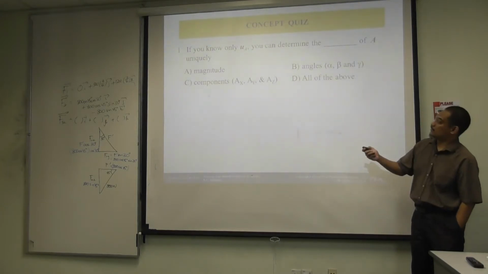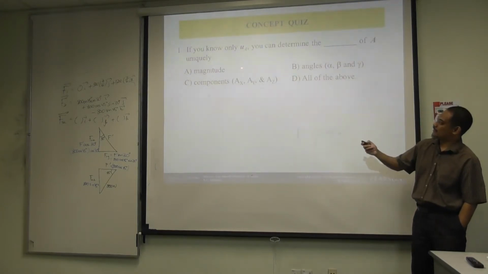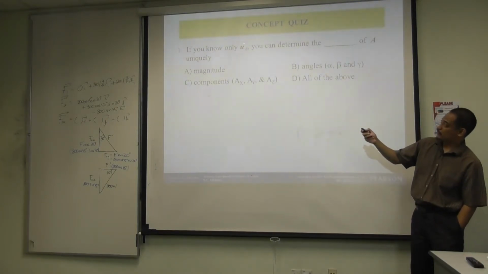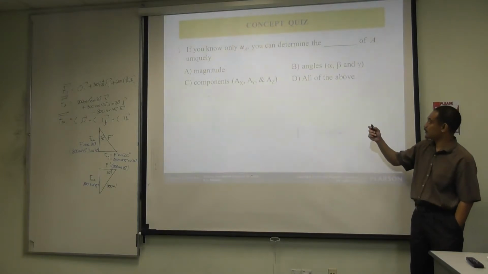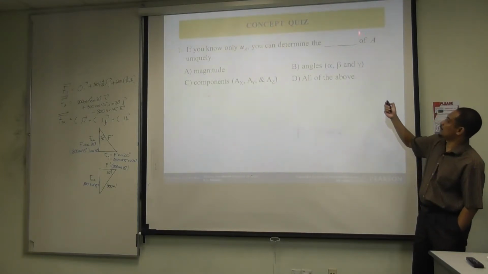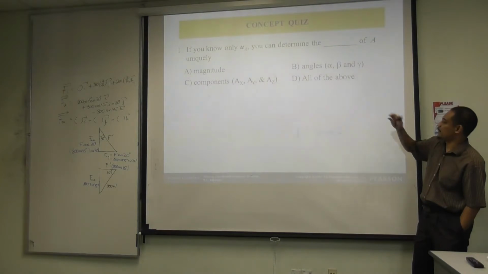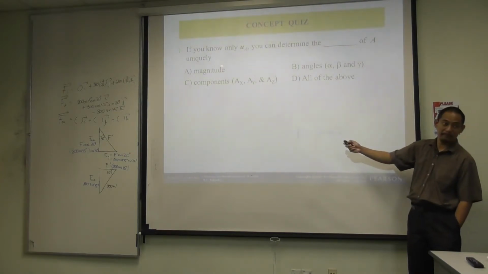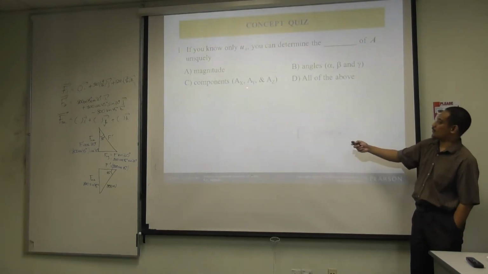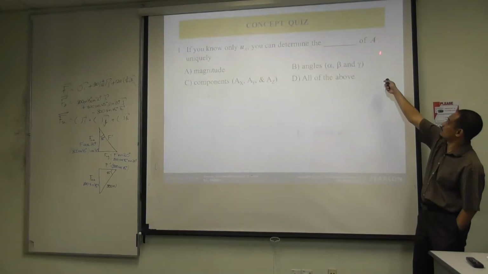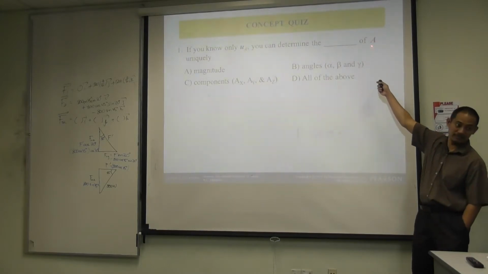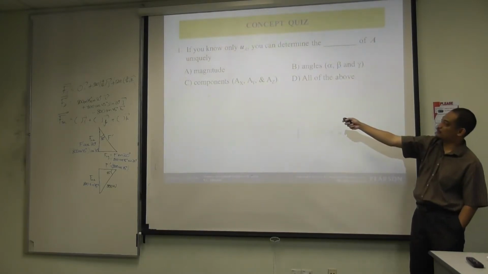Or in other words, do you understand the question? If you only know the unit vector of A, what part of vector A can you determine? Can you determine the magnitude? No, not the magnitude of UA, the magnitude of A. Can you determine the magnitude of A if you know only UA?